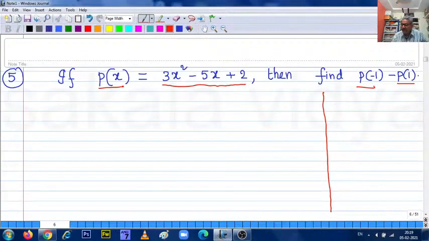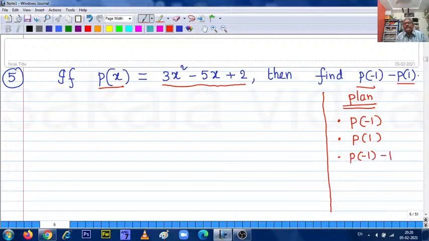Okay, Harish, Ganesh, Vijay Swarupini. So first, what is the plan here? First, find p of minus 1. Next, find p of 1. Next, find p of minus 1 minus p of 1, that is, subtract p of 1 from p of minus 1. I will explain how to find it also. Don't worry. Here see the solution.